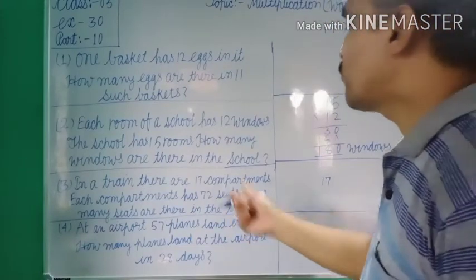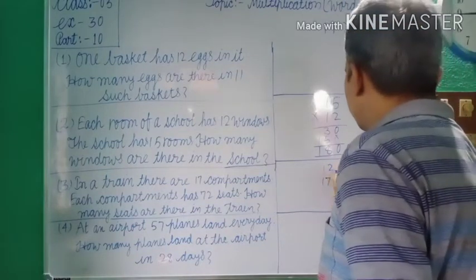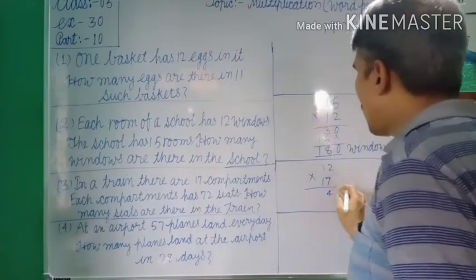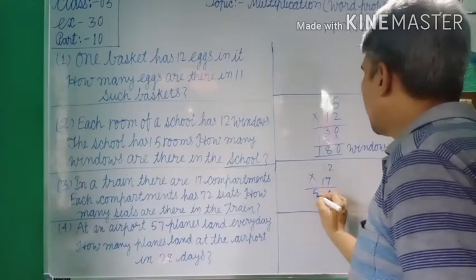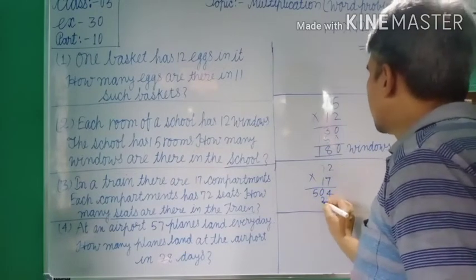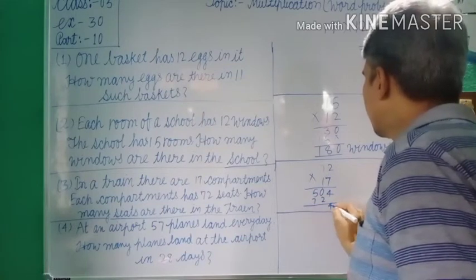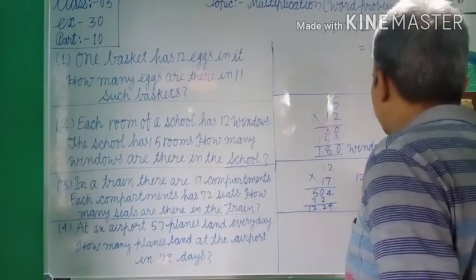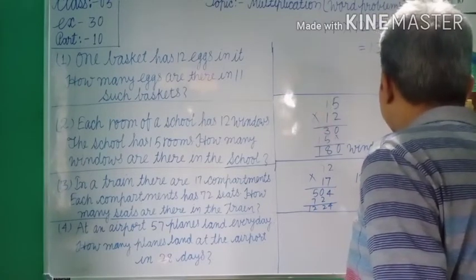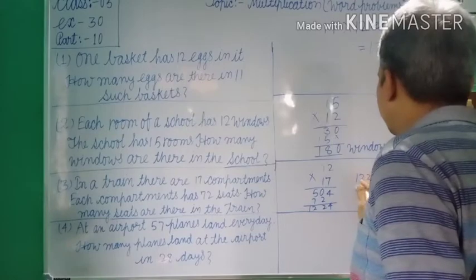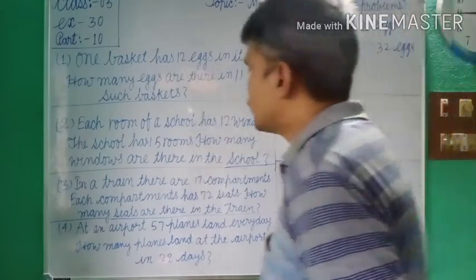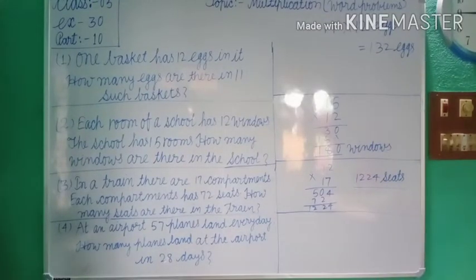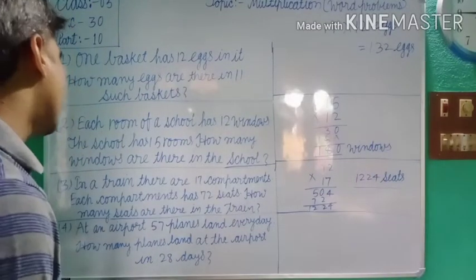Then you multiply and find the answer. 1224. In this way you find the answer. How many seats in the train? 1224 seats in the train.